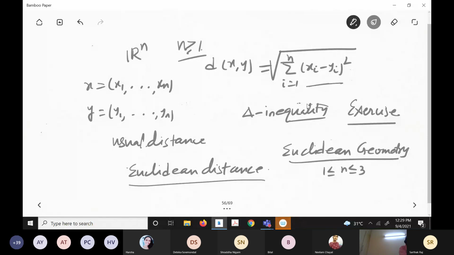But here, make sure that you can prove it. You will need an inequality to prove this triangle inequality. Now here I have taken Rn. If you take Cn, then what will happen? Be careful.